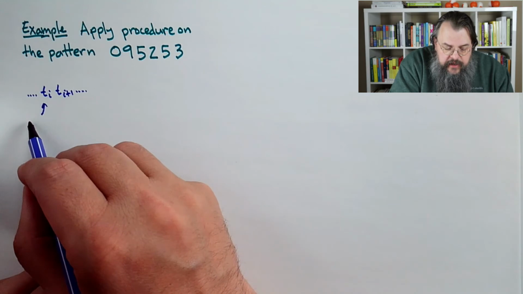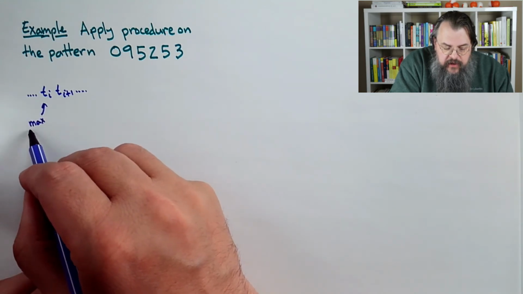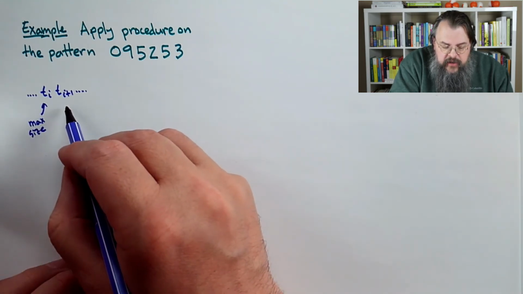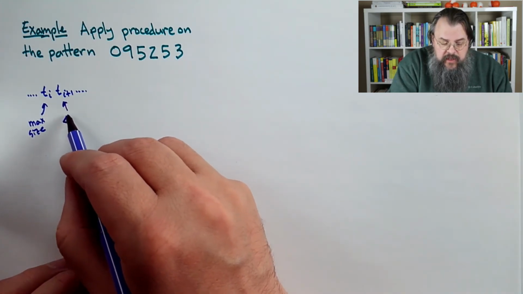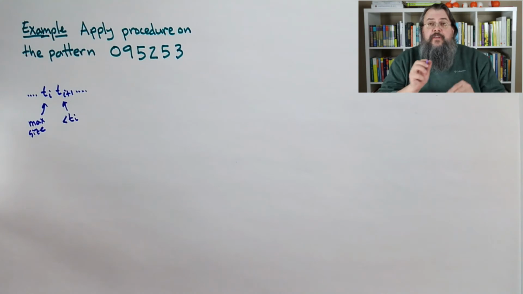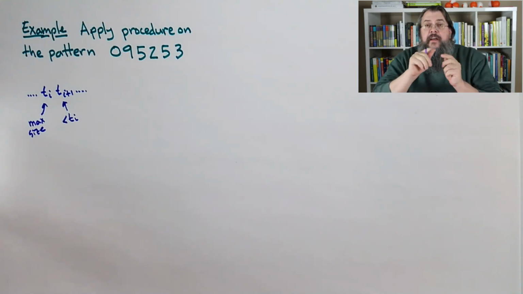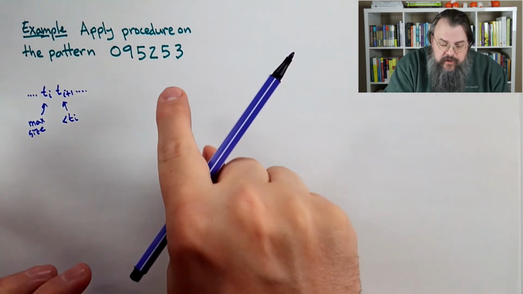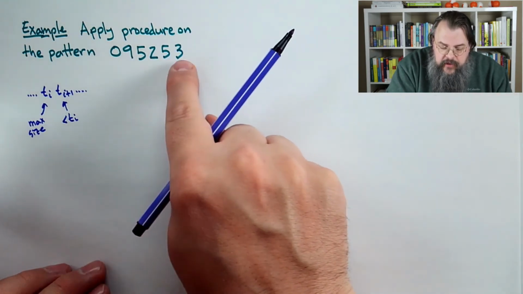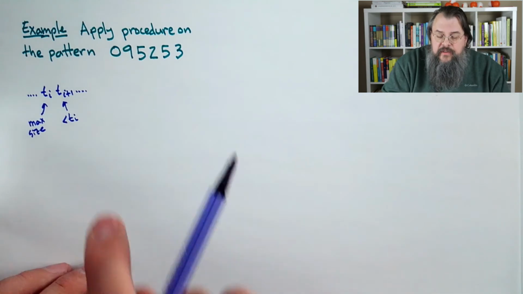This one is maximal, and this next throw is smaller than Ti. Okay? So that's what we're doing. We're scanning along, and because it's a periodic pattern, remember you can loop around. So in other words, it might be the case that the 3 loops around back to 0.